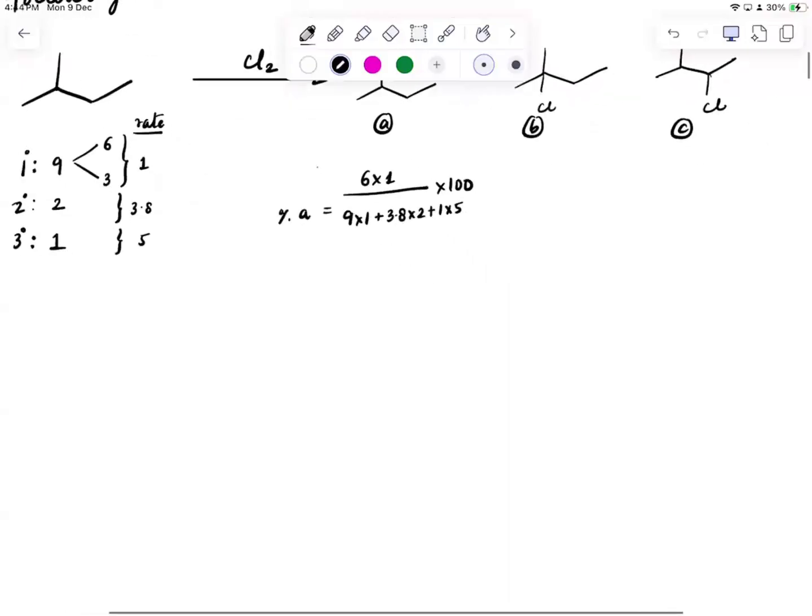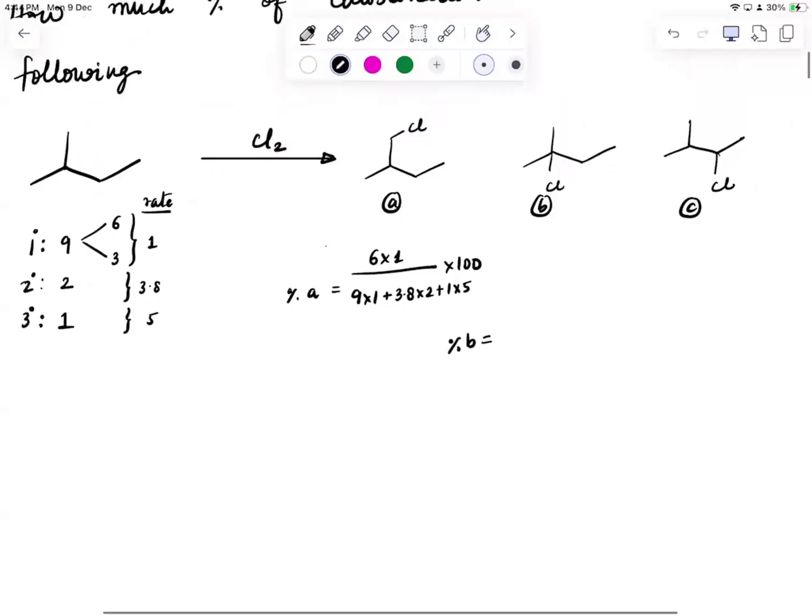Percentage of B will be equal to, I have one time here, so 1 time 5 divided by 9 times 1 plus 3.8 into 2 plus 5.